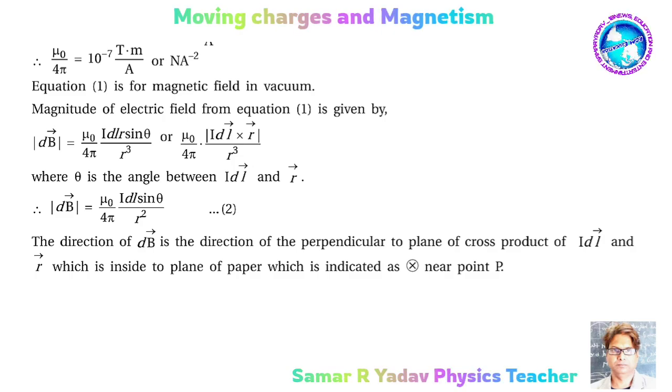Therefore magnitude of dB is equal to mu0 upon 4 pi I dl sin theta upon r square. Equation 2. The direction of vector dB is the direction perpendicular to the plane of the cross product of I dl vector and r vector, which is into the plane of paper, indicated as a cross near the point P.